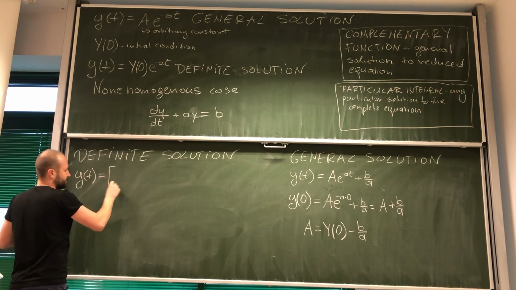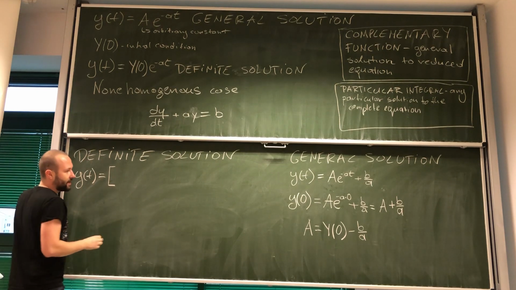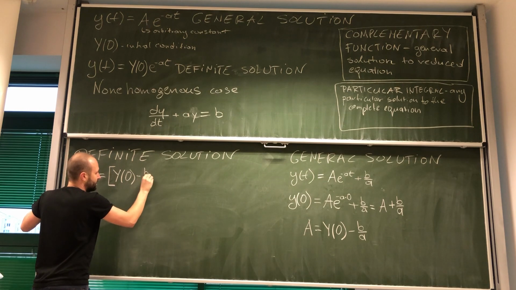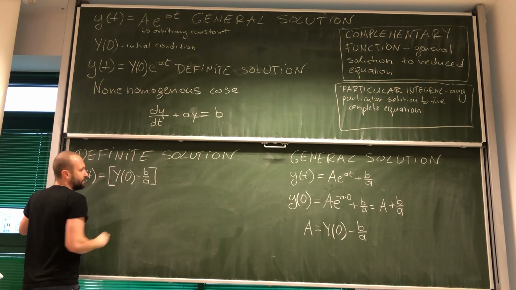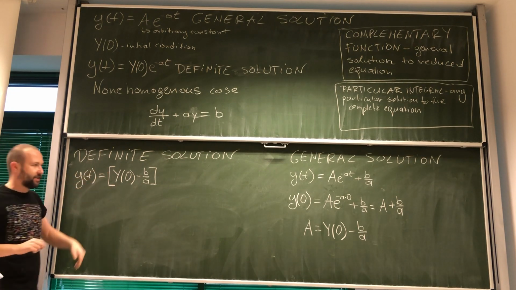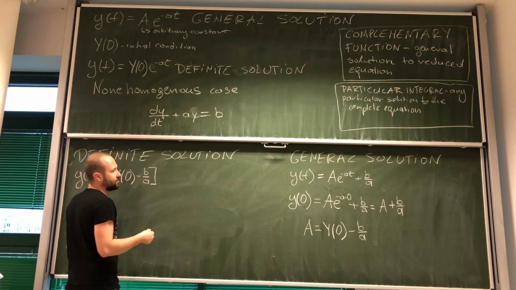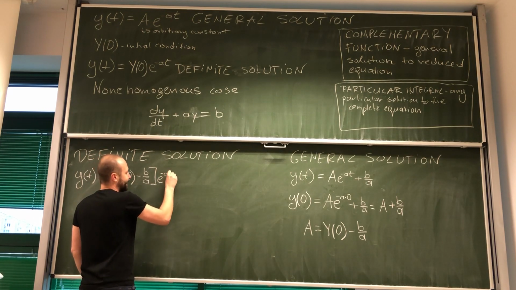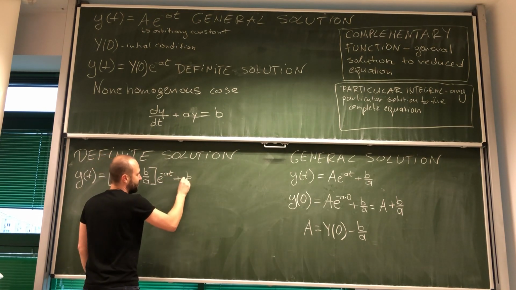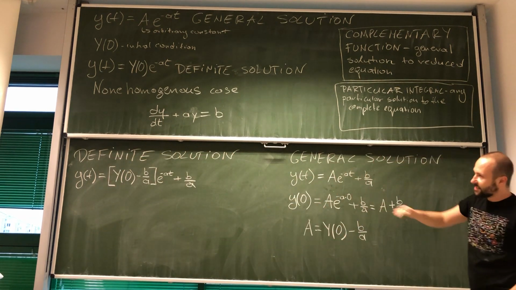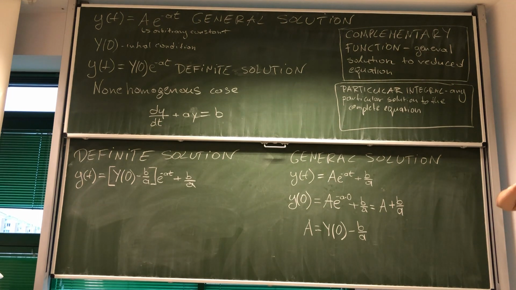Usually, we open brackets here, and we've got y0 minus b over a. Again, you will see that this has a very nice economic interpretation, as well as a general mathematical one, times e to the power negative at, plus b over a.